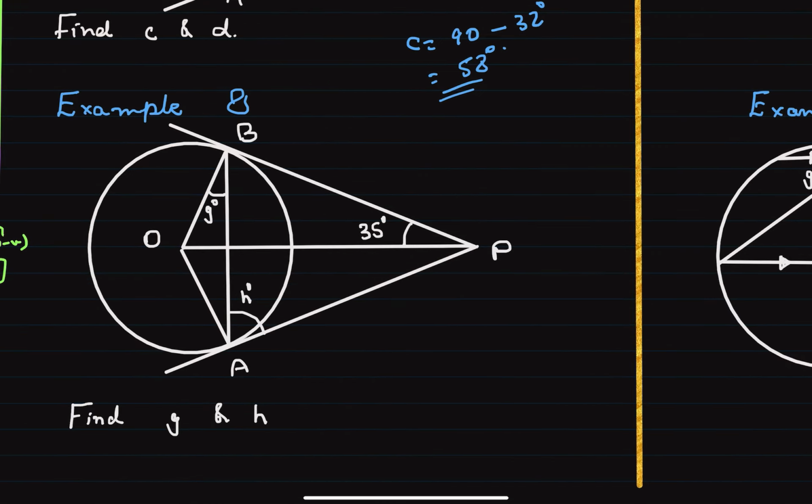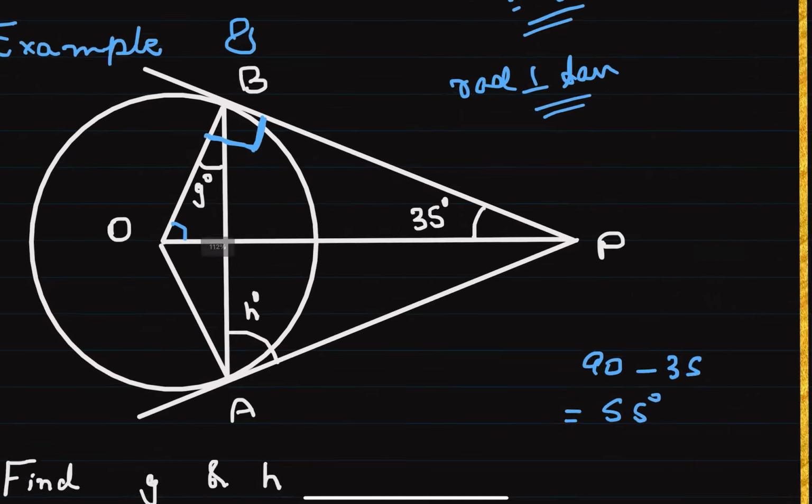Let's look at this example. In this example, we need to find angle G and angle H. What is given here is only one angle, 35. Firstly, we know that radius is perpendicular to the tangent, right? So we can put 90 degrees here. That means we can find this angle, right? This is equal to 90 minus 35, which is equal to 55 degrees.